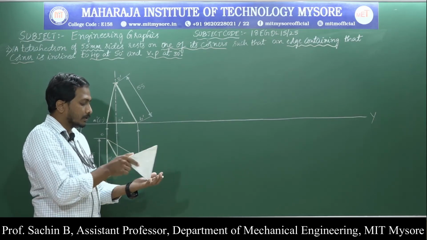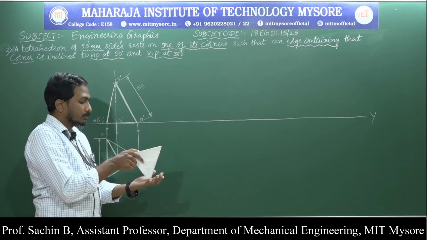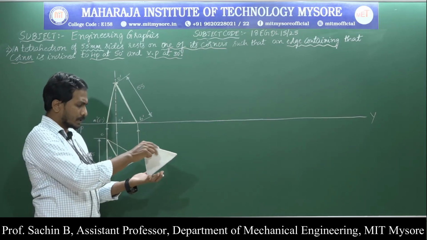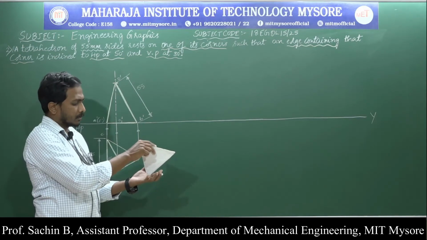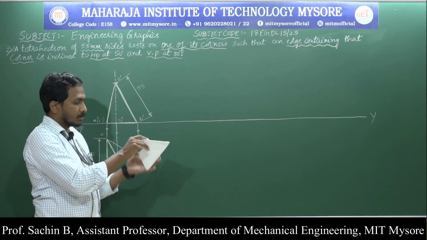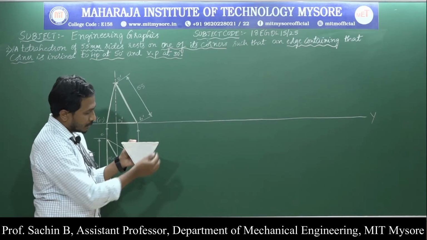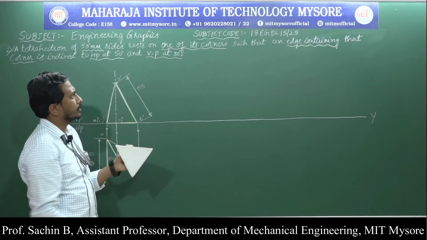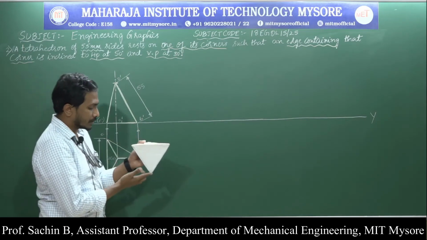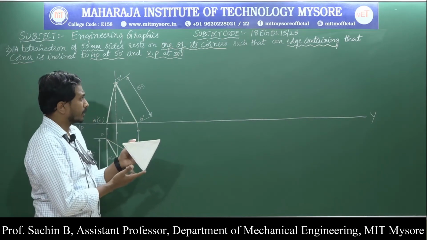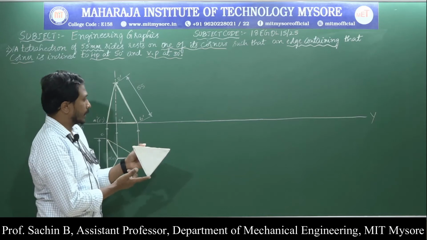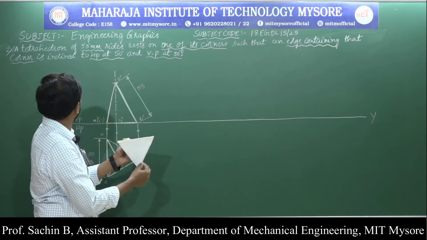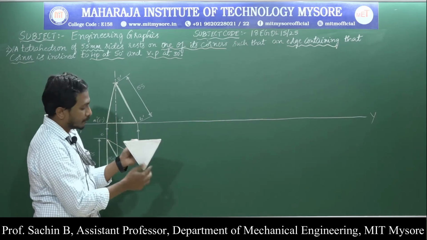Now I should rotate this corner to an angle of 50 degrees, because for this B corner, this is the connecting edge to the axis. According to the question, one of its corners is resting on the HP, such that an edge containing that corner, for this corner this is the edge we are considering, is inclined to the HP at 50 degrees.